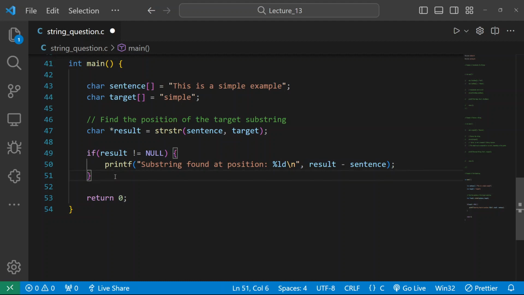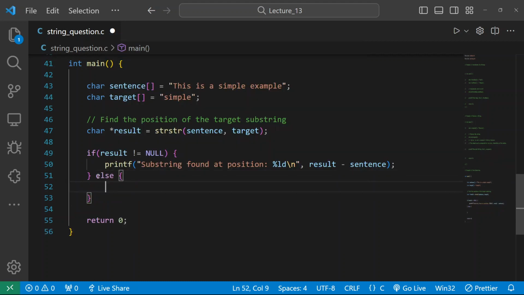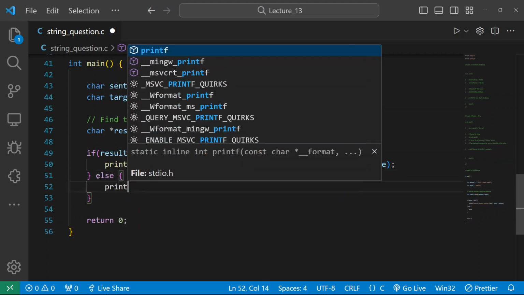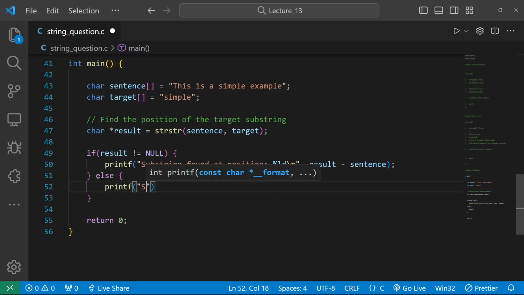I will be explaining this concept at the end of this program, when I will be executing it. I will explain why I have written it this way. Till that time, just give your brain some time to think on it. Why I have written star. So let me write here substring not found.